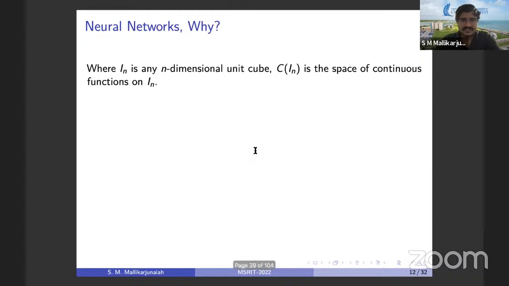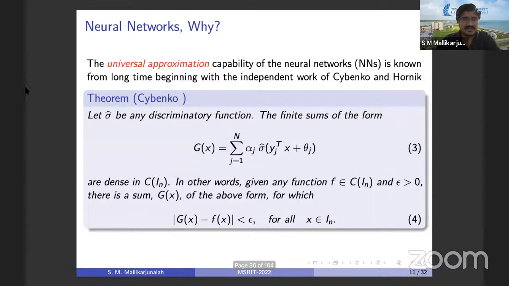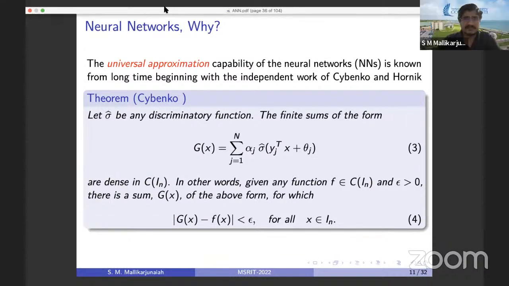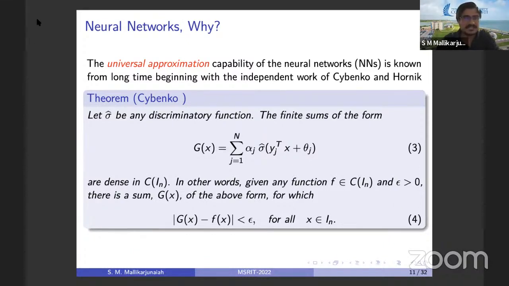Now, what does this say? So this theorem says, if you take any continuous function, you can approximate it by finite sums.